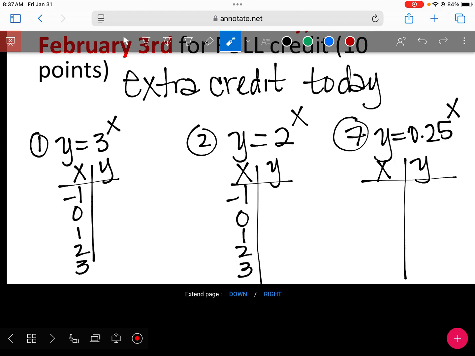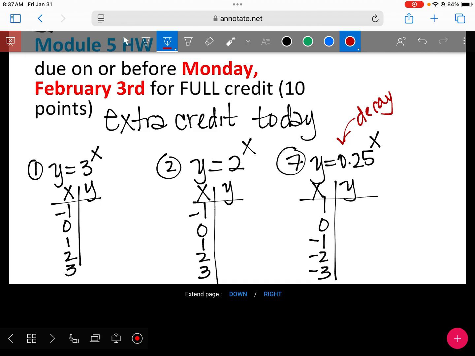Well, I'll put them in order. So when it's decay, we're going to flip the sign of these numbers. So it'll be a +1, a 0, and then all of these numbers will become negative. Because it's decay. Whenever it's a decay function, we have to use different x values.